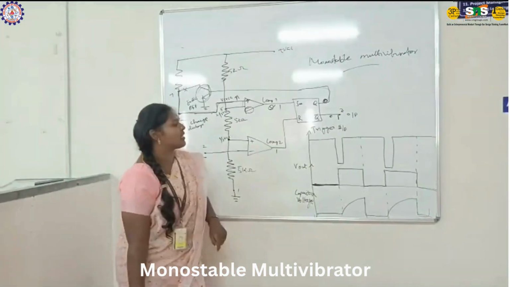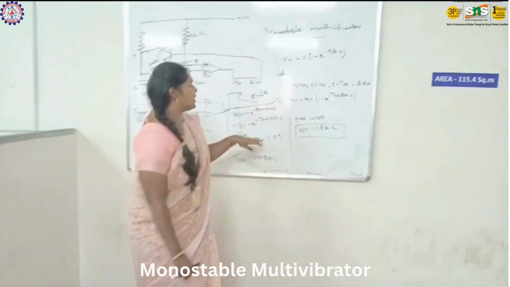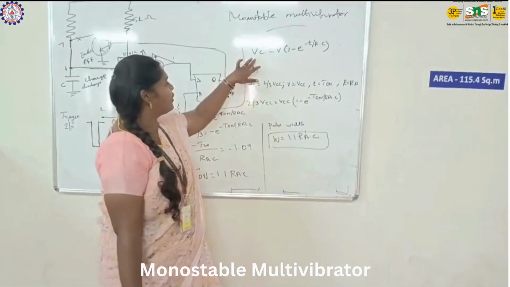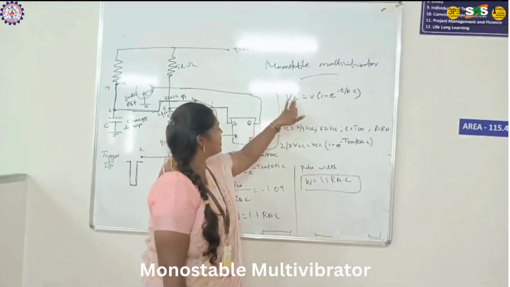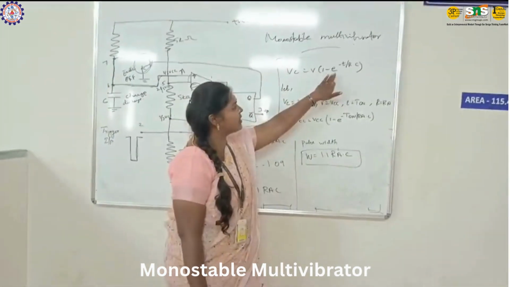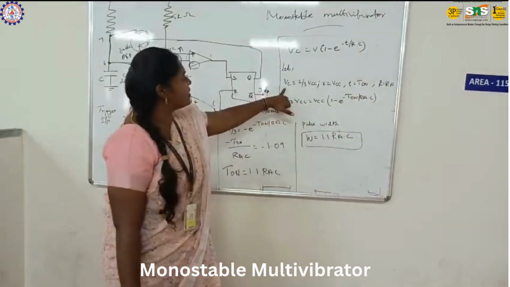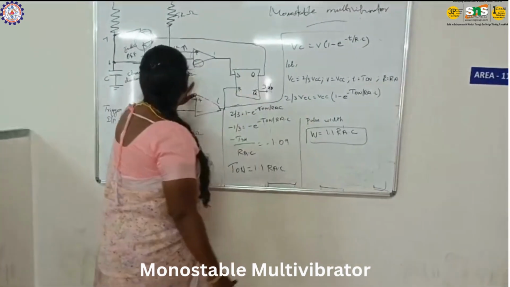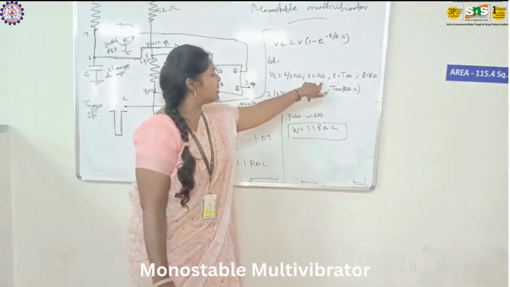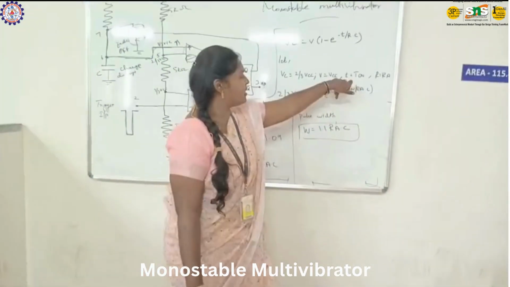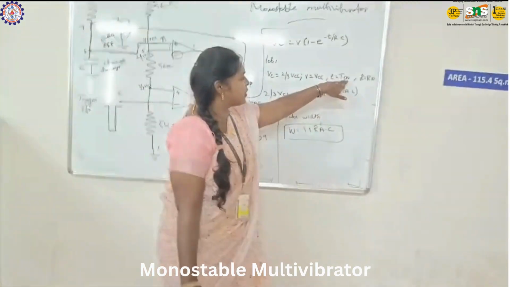Let us discuss the equation of the monostable multivibrator. This is the pulse width derivation. We know the formula, I think we discussed it in the astable multivibrator also: Vc equal to V into 1 minus e power minus t by R into C. Here Vc is 2 by 3 Vcc, because at 2 by 3 Vcc the comparator trips, at T on only.